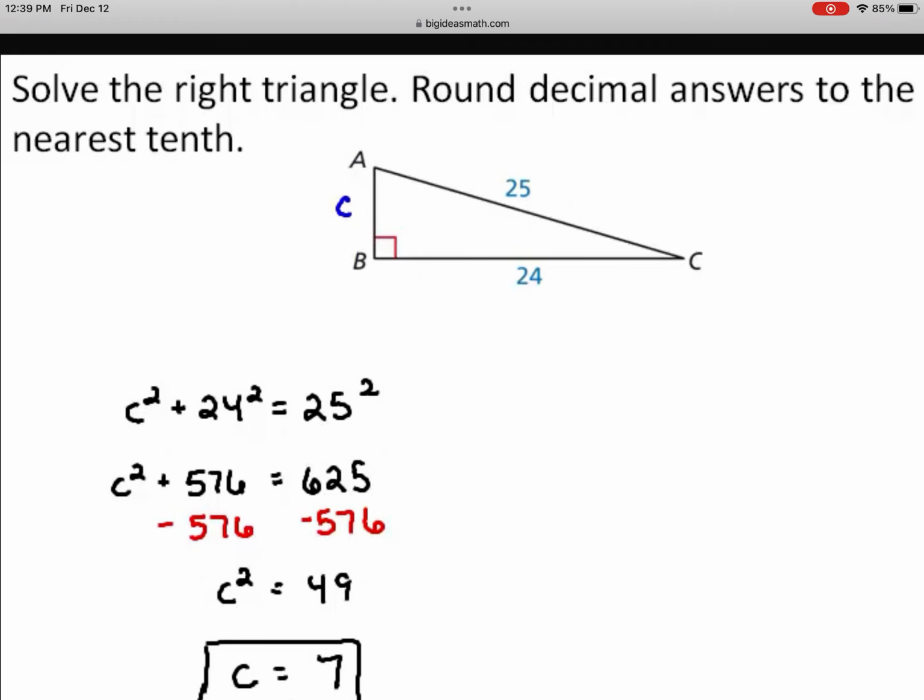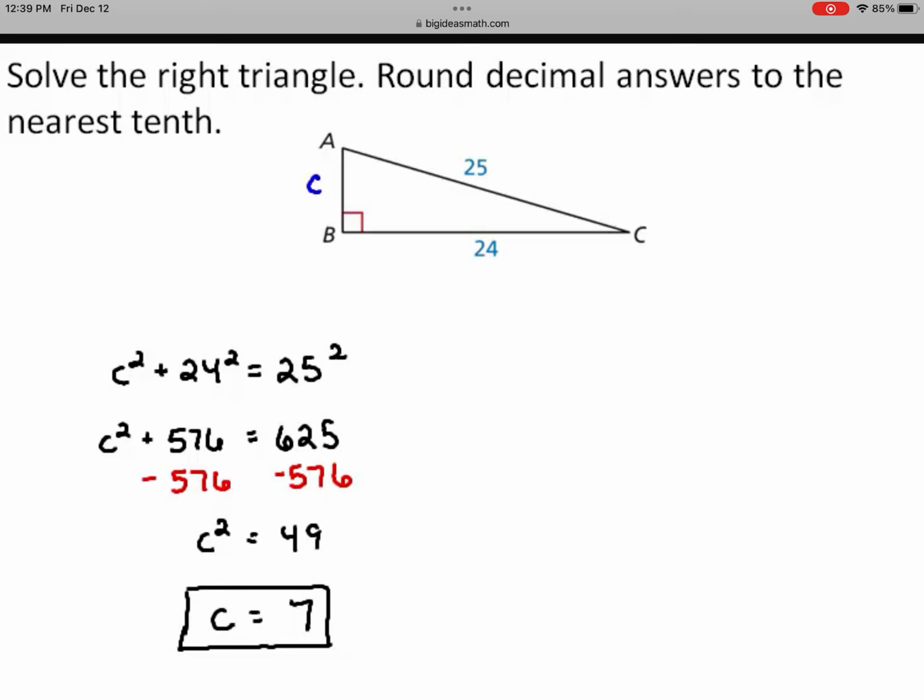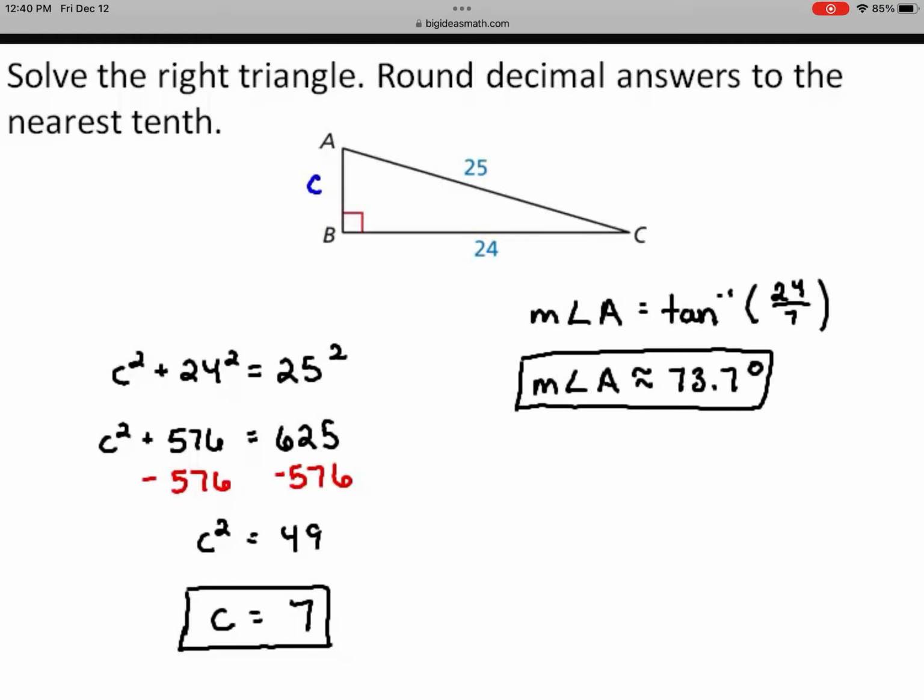Next, find the measure of angle A. Again, because this is a right triangle, you can use the tangent ratio. So the measure of angle A equals the inverse tangent of 24 divided by 7. Using your calculator to solve gives that the measure of angle A is about 73 and 7/10 degrees.